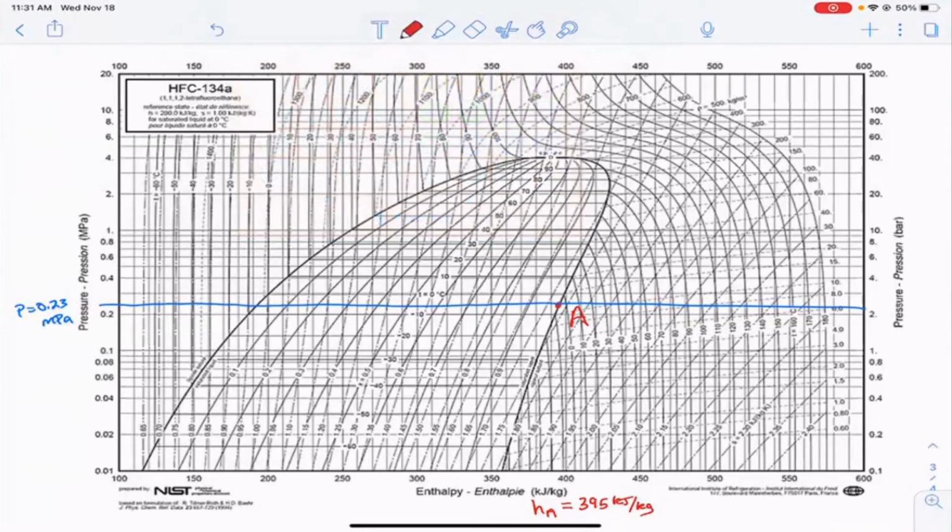The second point that I'm going to find is C. So we know we're operating at 26 degrees. So here we're at 20 and its line coming straight down. And here we're at 30 and its line coming straight down. So somewhere between those two points is 26. And I'll do the same thing.